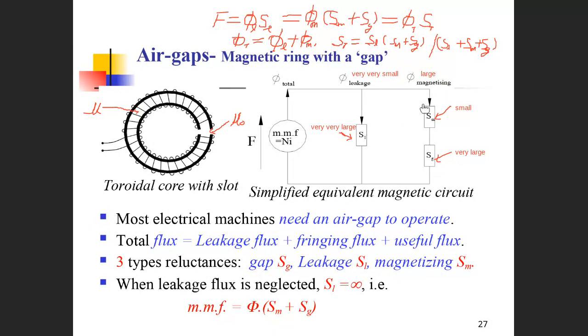The ring reluctance comes from two parts in series. So series, then in parallel.